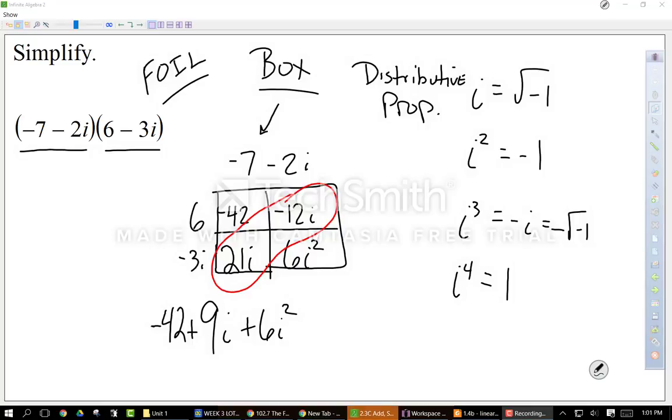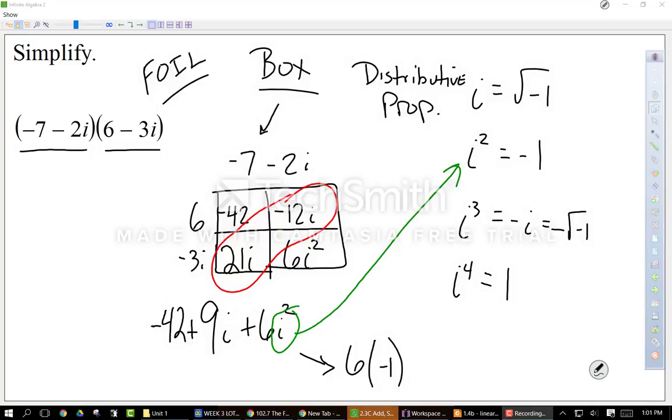But when we talk about a complex number, remember it's a plus bi. It says nothing about squared terms. But I have an i squared here. Well, if I look at an i squared, it actually goes back to -1. So in this case, that 6i squared turns into 6 times -1.